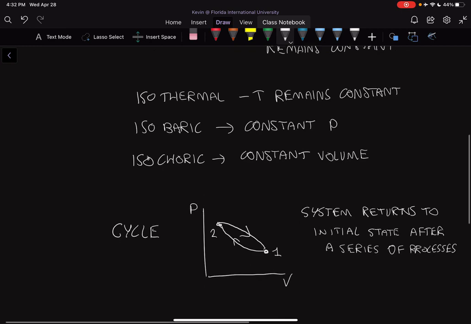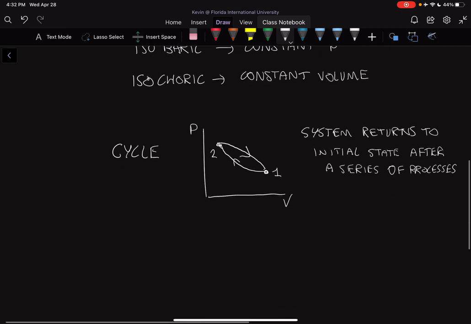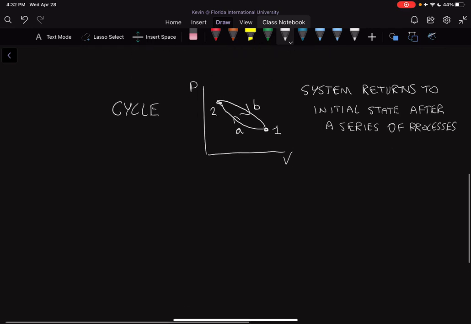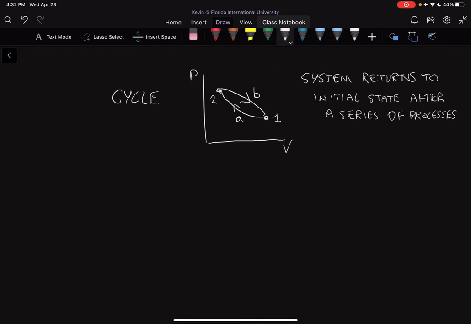And because we need more than one process to complete a cycle, we can say that 2 or more processes create a cycle. I'm not going to write this, but you could have a path A going from 1 to 2, and then path B going from 2 to 1 to complete that cycle.